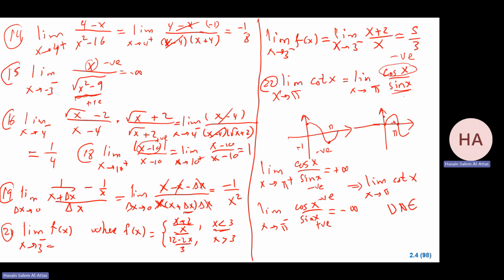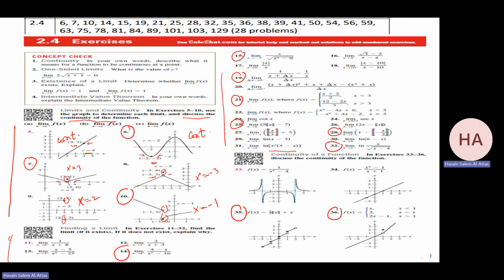35 and 36, they are from the graph. So they are discussing the continuity. Here we just check right and left. We just discuss the continuity. For sure, I have this continuity here, and I have this continuity here. So I have at x equal 2 and x equal minus 2 this continuity. And this one, I have this continuity here. Clear, at x equal minus 1.